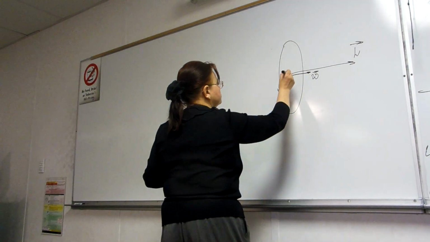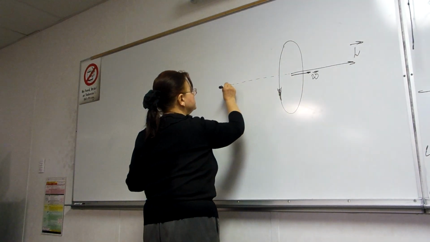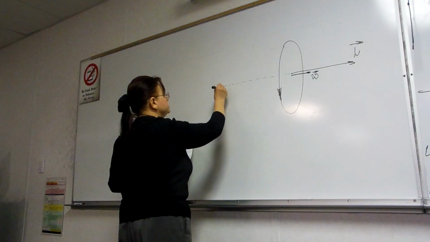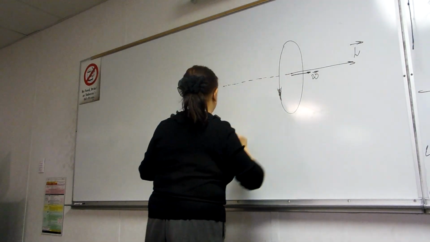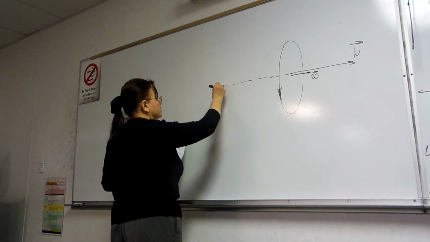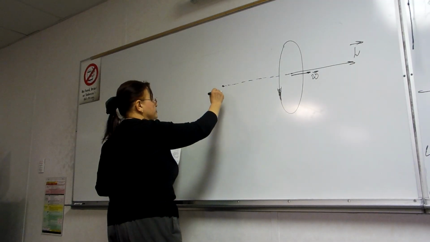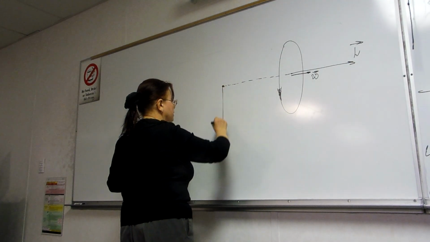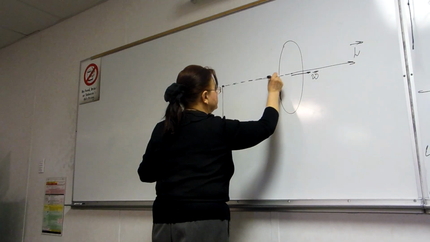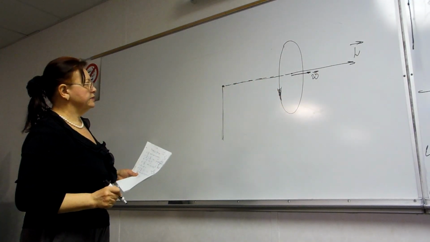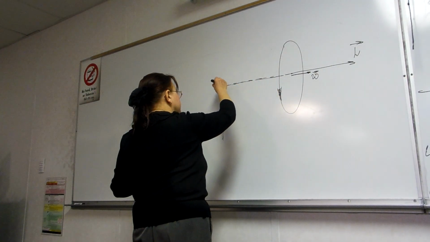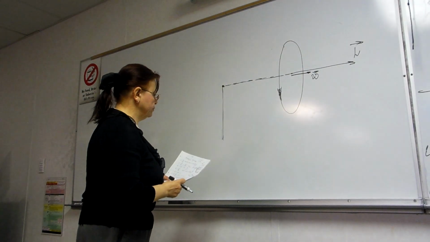Now let's show a certain system of coordinates. So let's say that is our pivot point. Here's certain axle of that rotating wheel, and we can locate it on that pivot point.